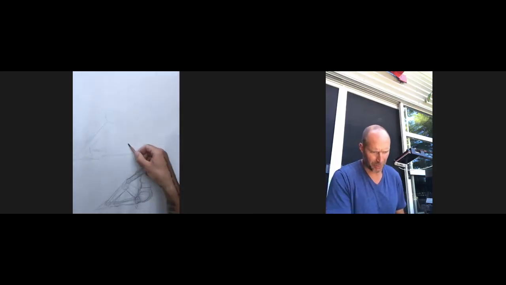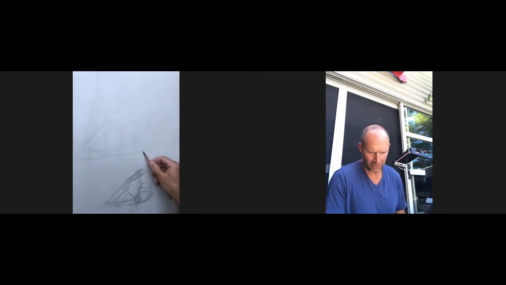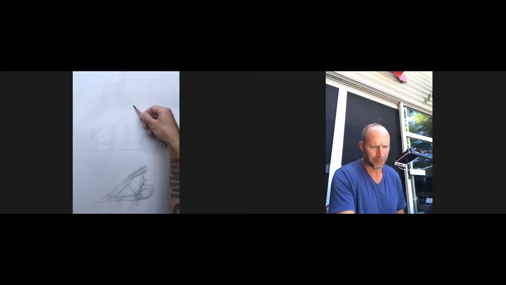And I've been left with something deeply unsatisfactory as a drawing, right? But it gives me an opportunity to make things a little bit more accurate, a little bit more easily. Okay, so let's say that this is where we're at.